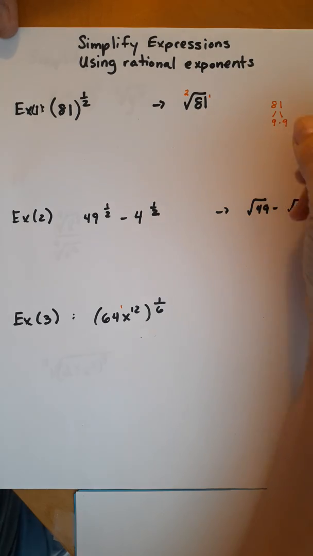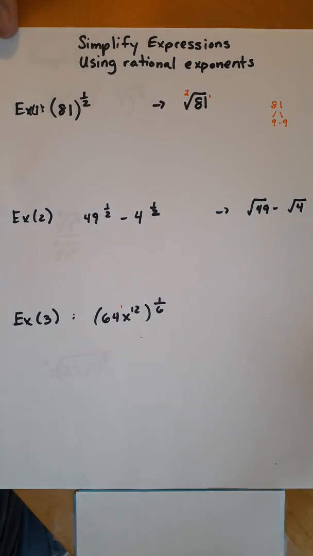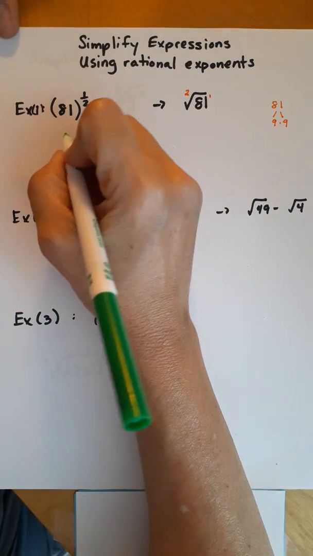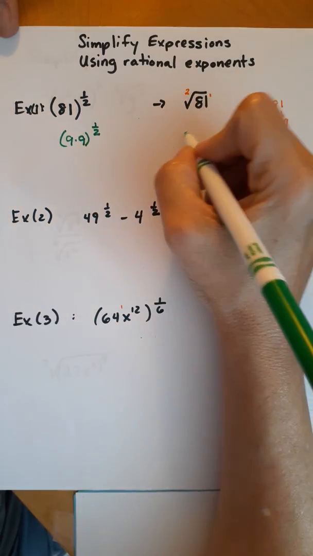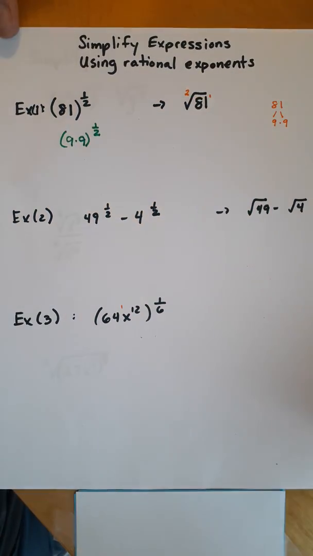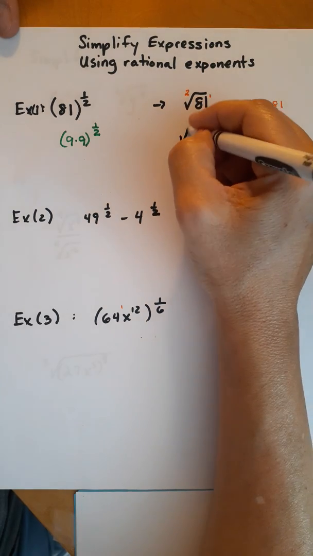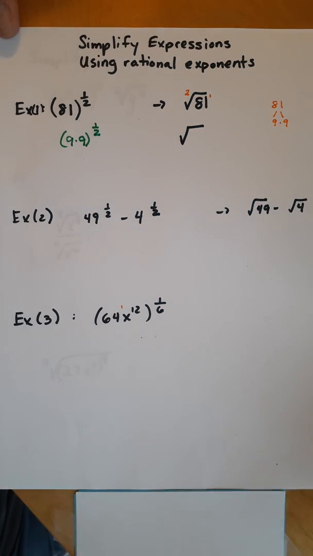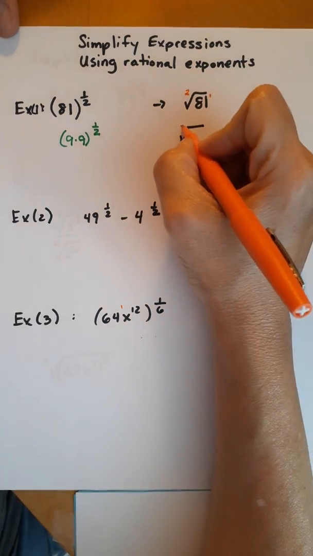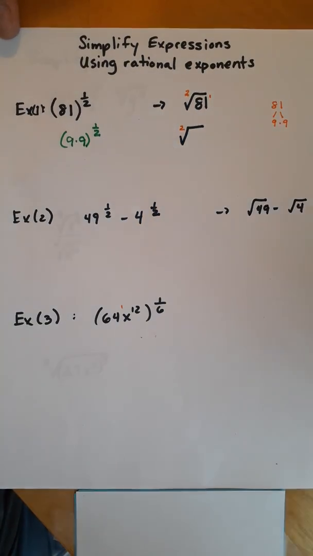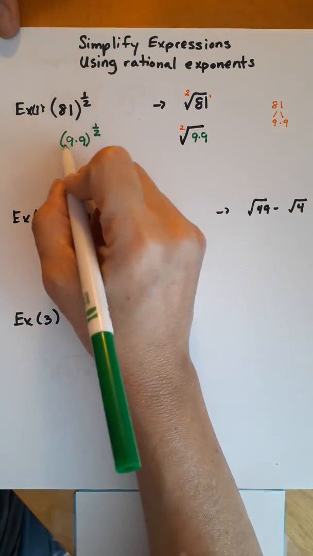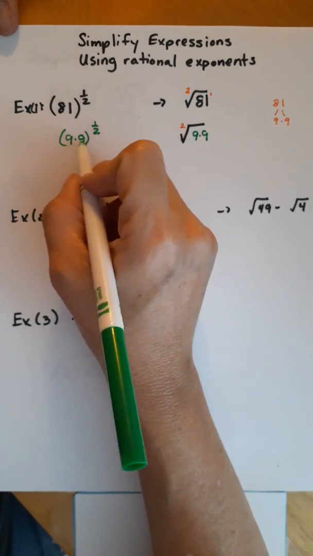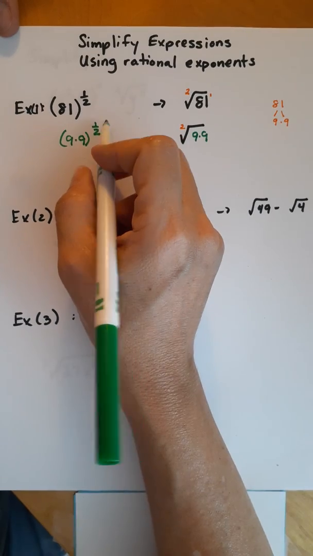Now that is two numbers. I can actually substitute, let me write it like this in green, 9 times 9 to the 1/2, or the square root, 2, and we'll call this 9 times 9. Okay, now right here I have 9 times 9, multiplying two numbers together.